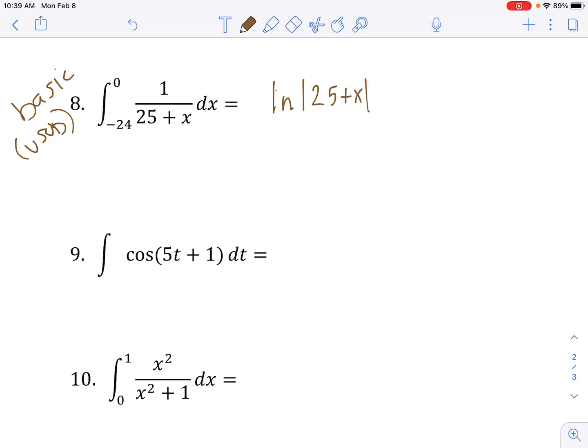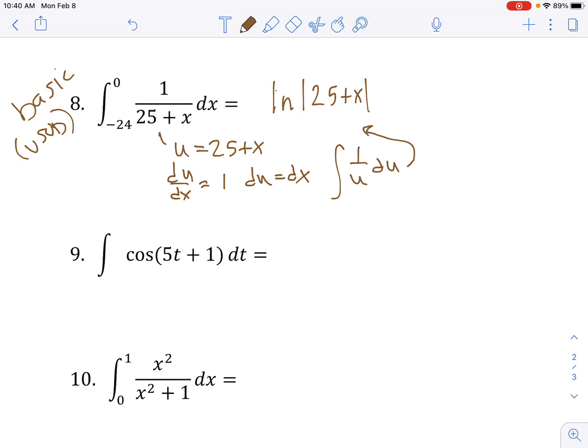If we did this as a u sub, it would look like this. u equals 25 plus x, du dx equals 1, so du is equal to dx. The substitution is really straightforward then. It's going to be 1 over u du, and that's how we get to the natural log.